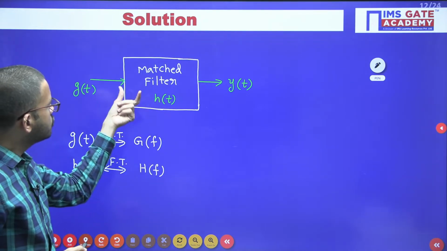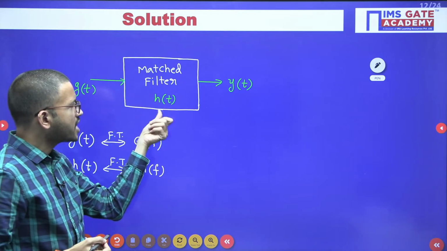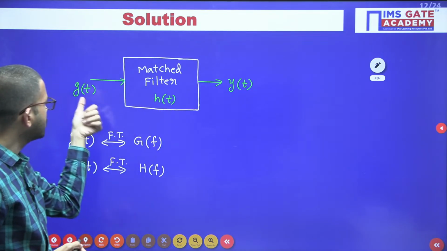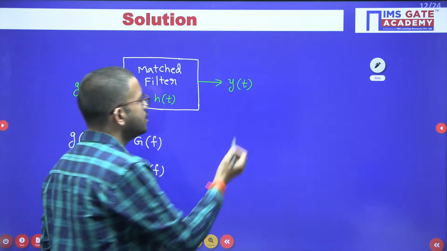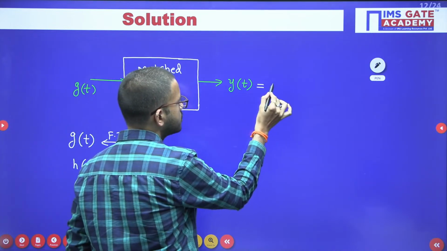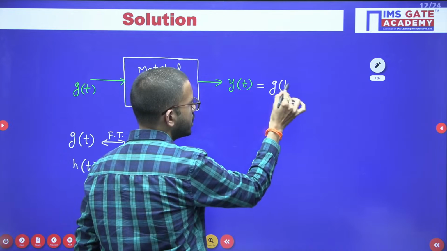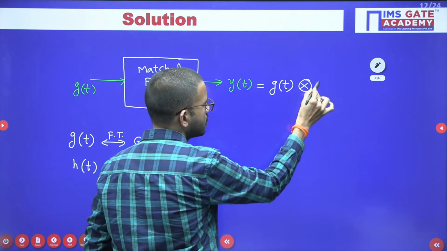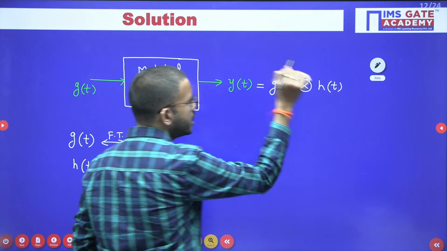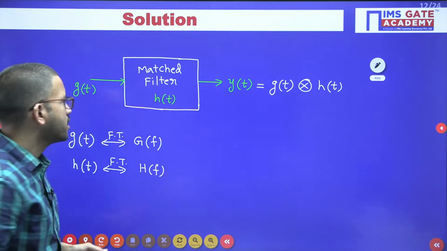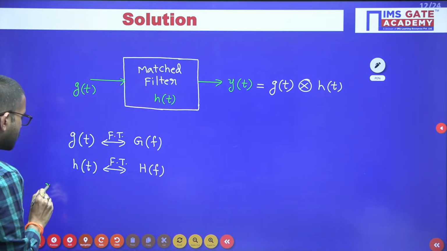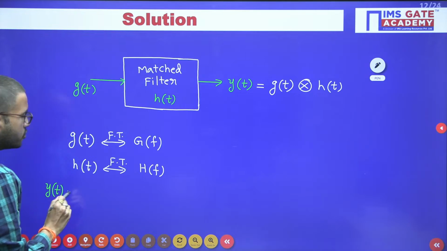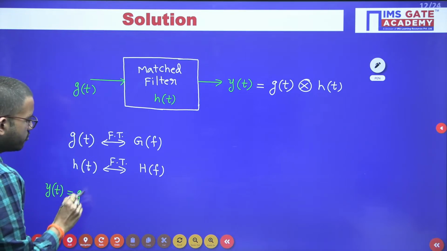Here you are having one filter which is having impulse response h of t and the input is g of t. So in general you will write y of t as g of t convolved with h of t, that is in time domain. Okay. So that particular expression I am considering now. Y of t equal to g of t convolved with h of t.